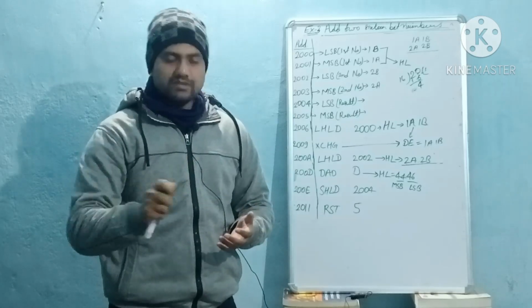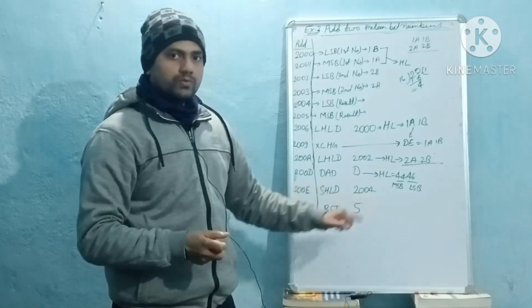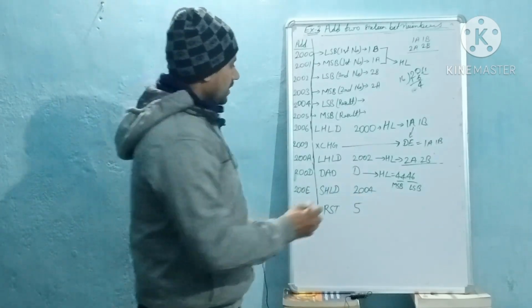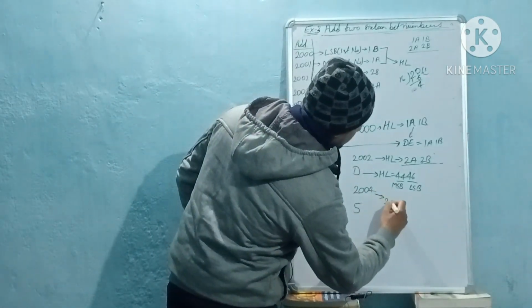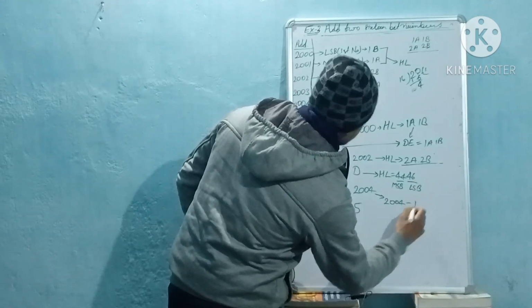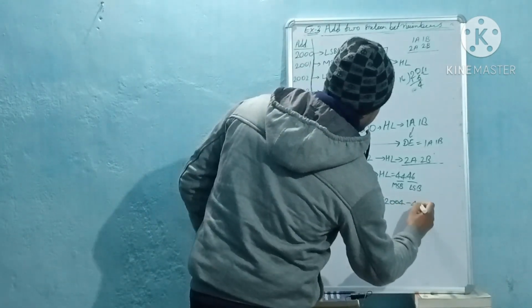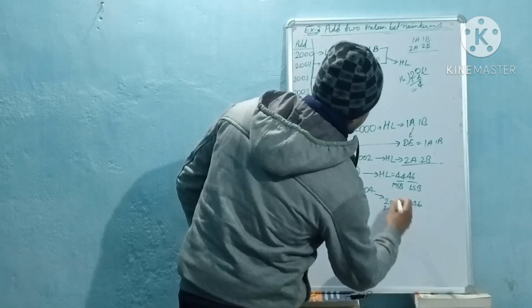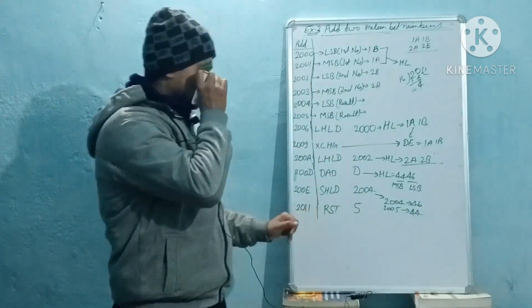Means two consecutive memory locations will be used for storing the result. So at 2004 we have the LSB, that is 4 6, and at 2005 you will get 4. That's what you will get.